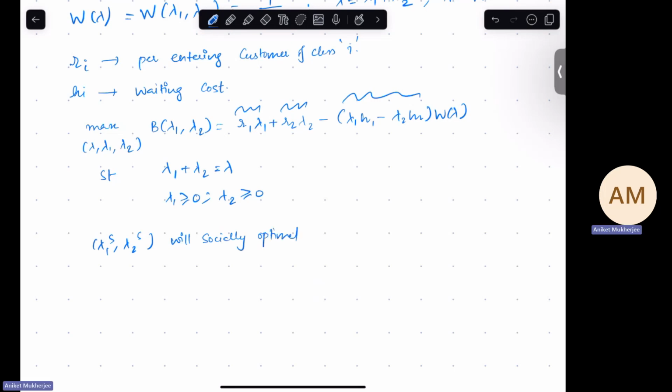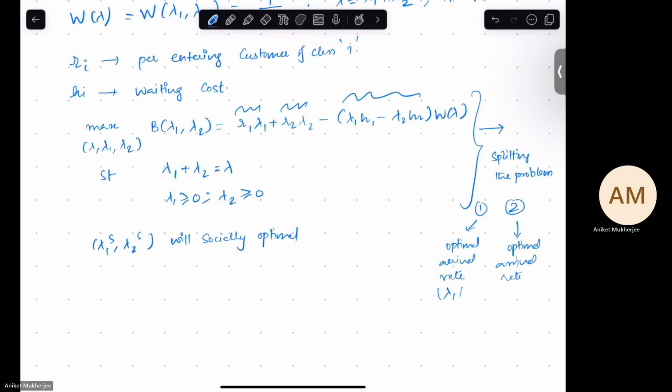What we're doing is splitting the problem into two problems: the first is the optimal arrival rate lambda 1 and the second is the optimal arrival rate lambda 2.